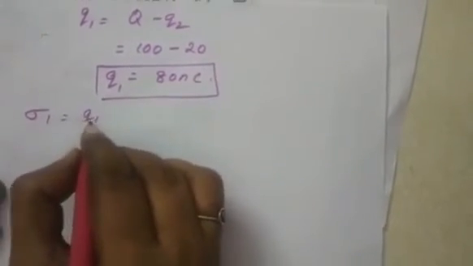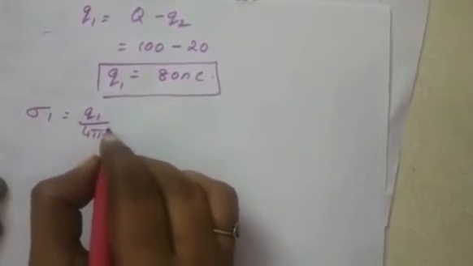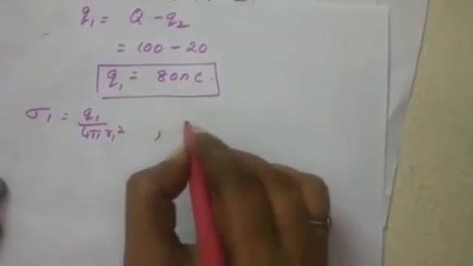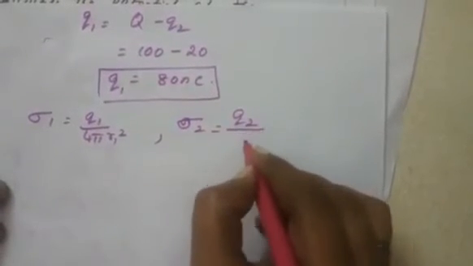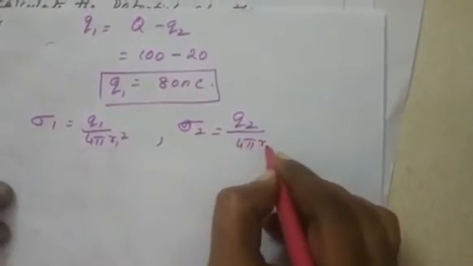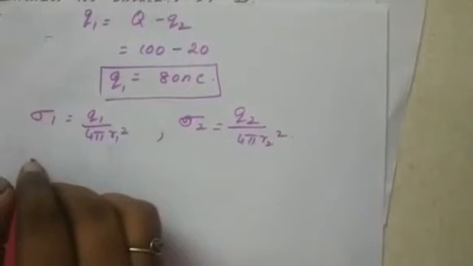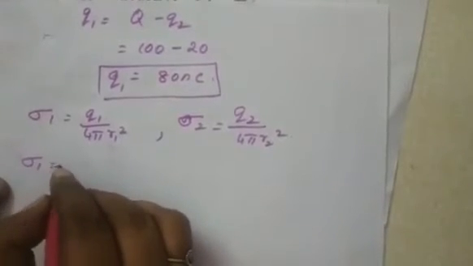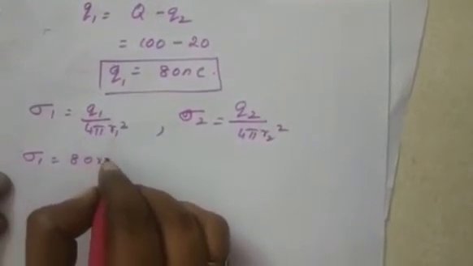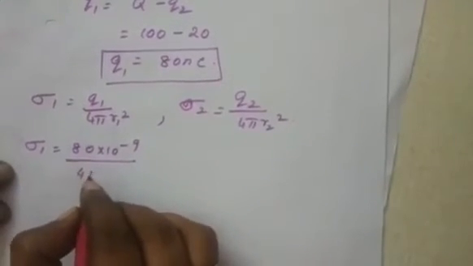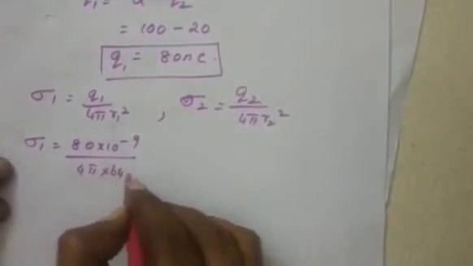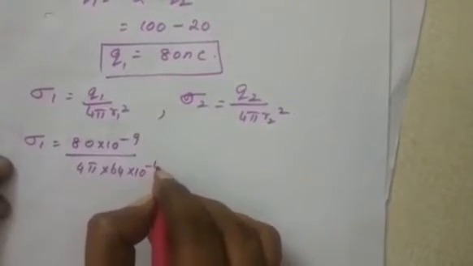The electric charge density sigma 1 is equal to Q1 divided by 4 pi R1 squared. And similarly, sigma 2 is equal to Q2 divided by 4 pi R2 squared. Substituting the value, sigma 1 is equal to 80 into 10 power minus 9 divided by 4 pi into 64 into 10 power minus 4.